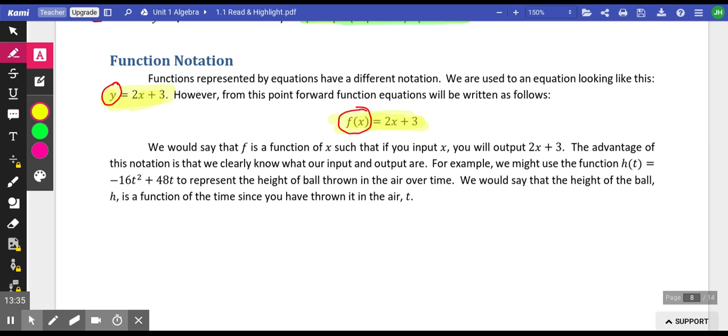For example, we might use the function h of t equals negative 16 t squared plus 48t to represent the height of a ball thrown in the air over time. We would say that the height of the ball, h, is a function of the time since we have thrown it in the air, t.